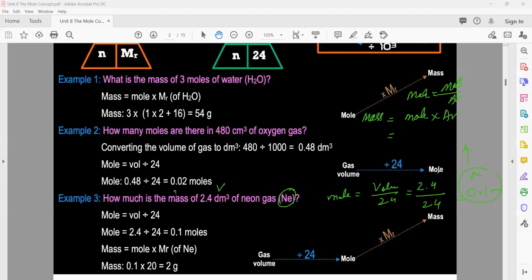What is the mole? We just found 0.1. And what is the Ar of neon? Neon is 20, as you can see in the periodic table. When you multiply, you will get 2 gram, and this is the mass. So sometimes in a question, you have to use two formulas instead of one. How you will do this is given here.